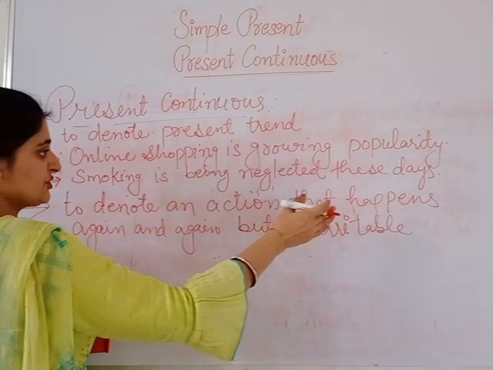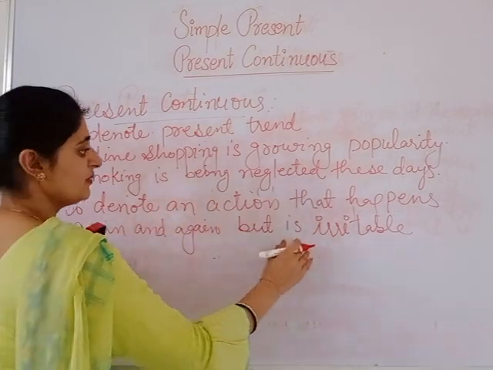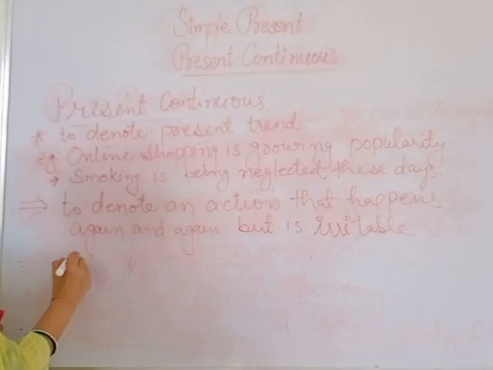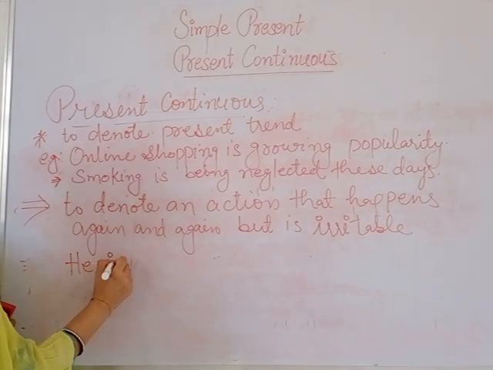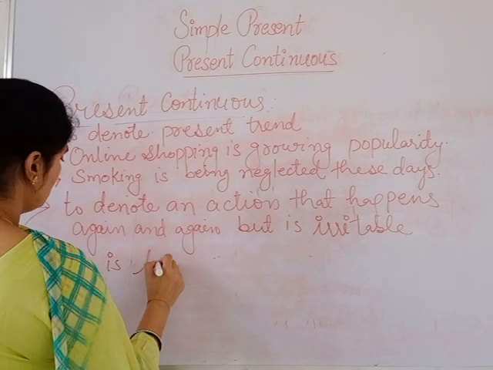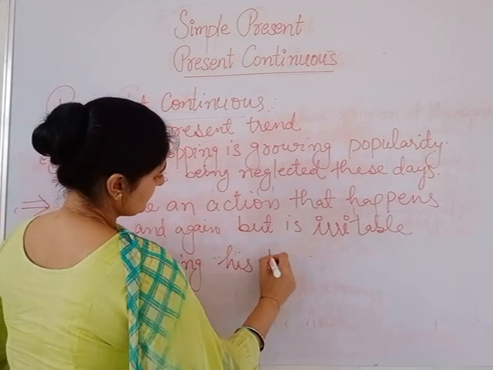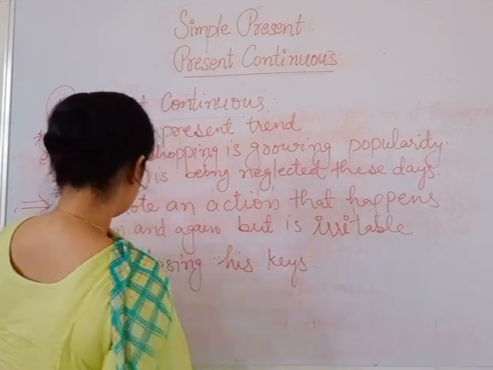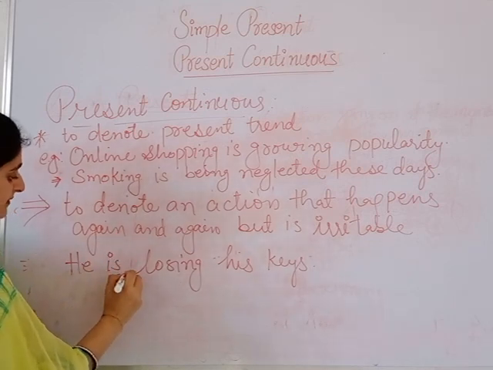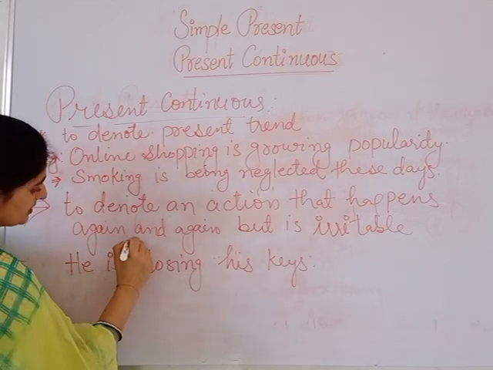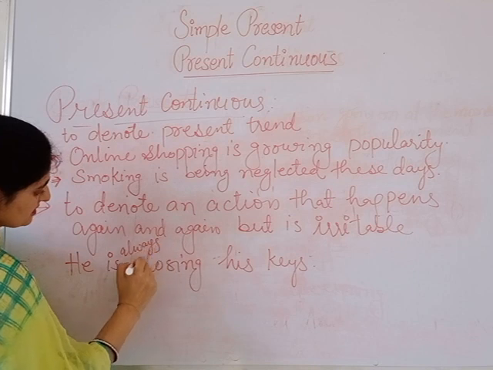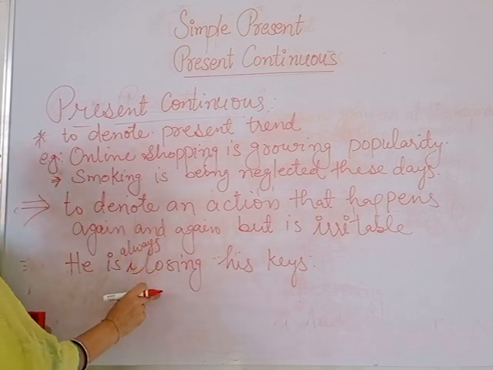To denote an action that happens again and again but is irritable. For example, he is losing his keys. I will use here the adverb always to emphasize the repeated action.